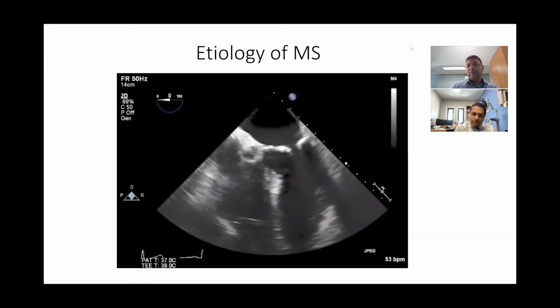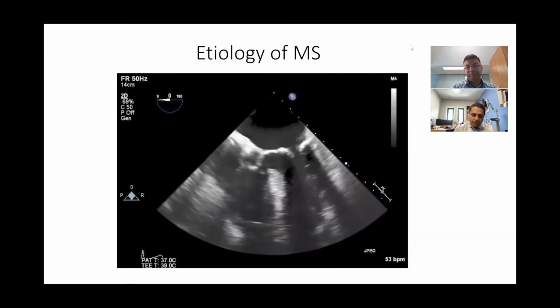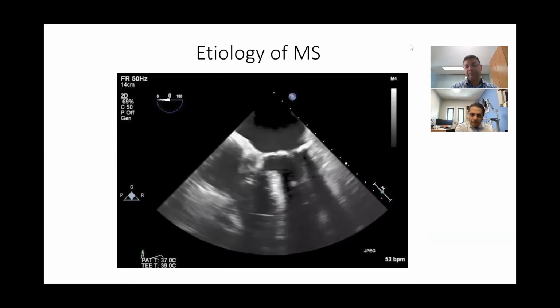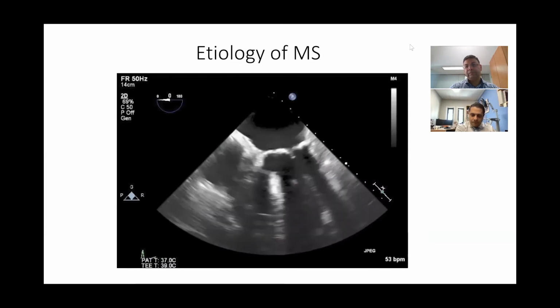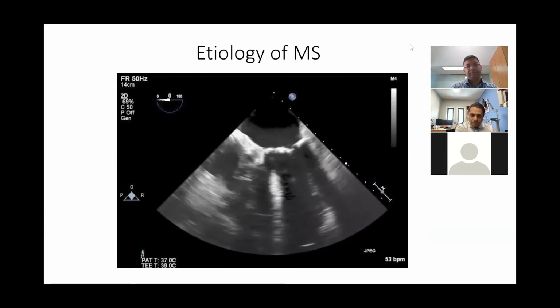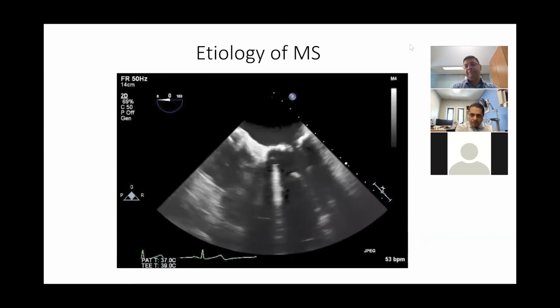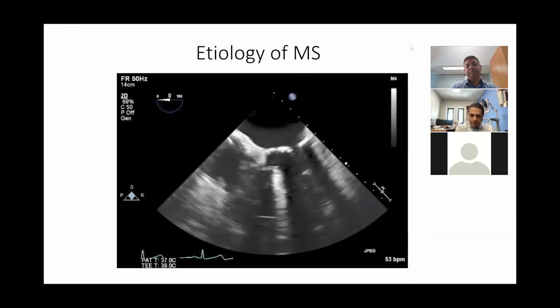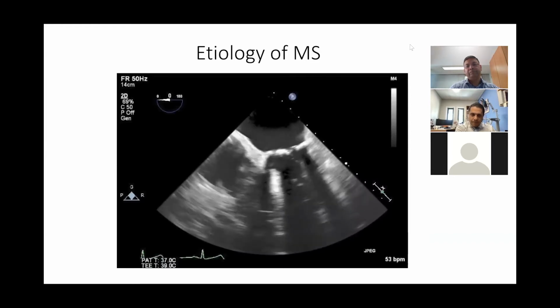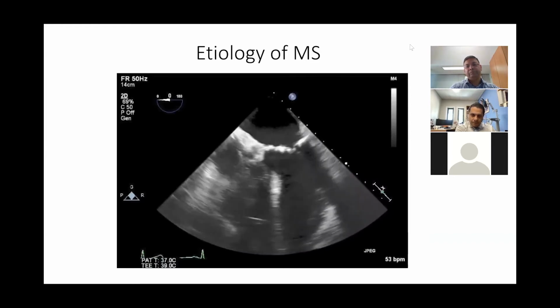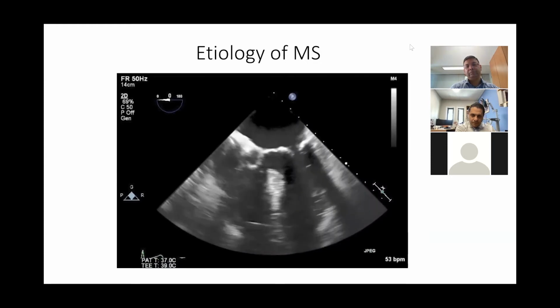So next one, Marcus, for you, please. Yeah, all right, sorry. So TOE image, obviously, and we're looking at the mitral valve, anterior leaflet towards the LVOT, and the posterior leaflet towards the lateral wall.